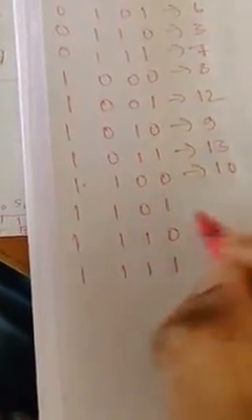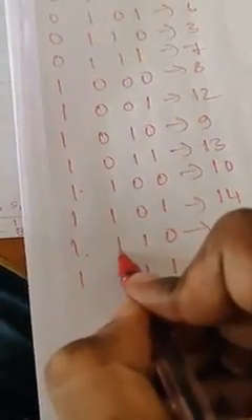So this will be 8 plus 2, 10, 8 plus 2 plus 4, 14, 8 plus 2 plus 1, 11. So this will be 15.